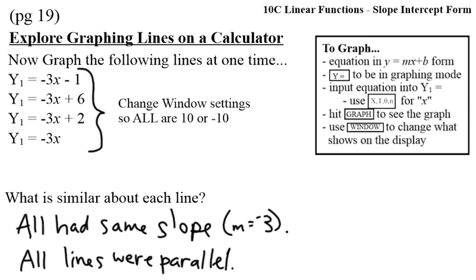Same slope. And if you recall, they were all negative slope, going in a down direction. So it all ties together. What we're talking about makes sense.